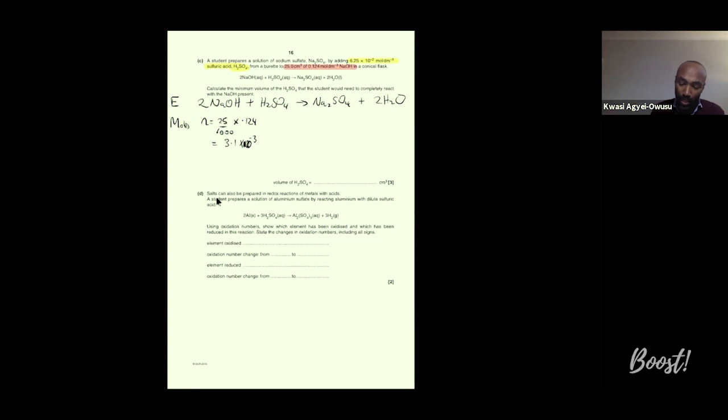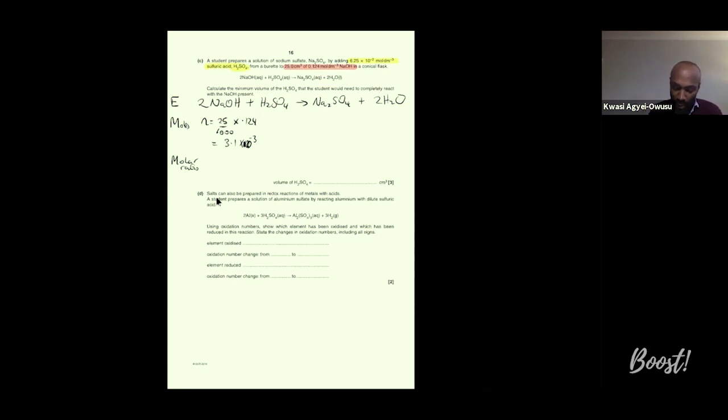Now, we can use that and the molar ratio. So I write molar ratio in the next line of calculation. The molar ratio of our sodium hydroxide to sulfuric acid is 2 to 1. So every 2 moles of sodium hydroxide you've got will react with 1 mole of sulfuric acid.